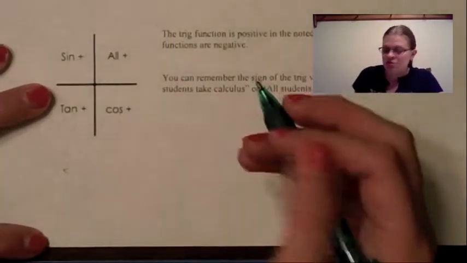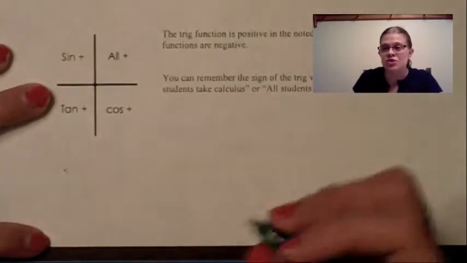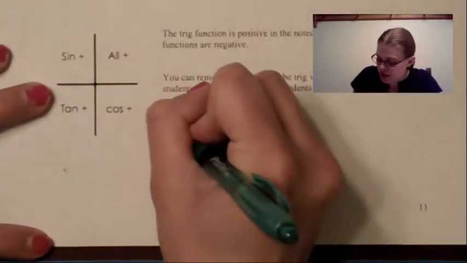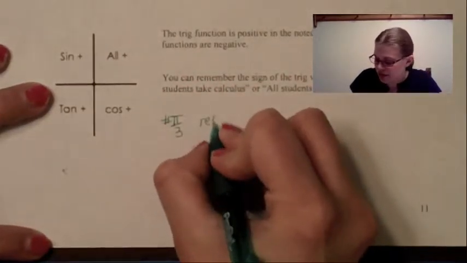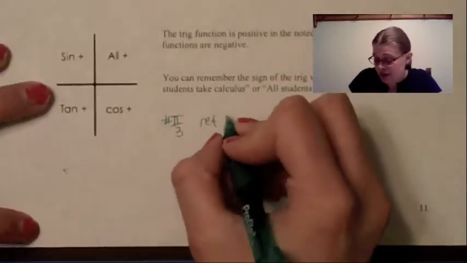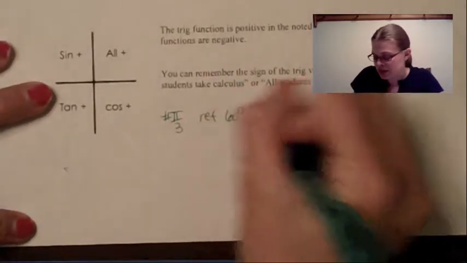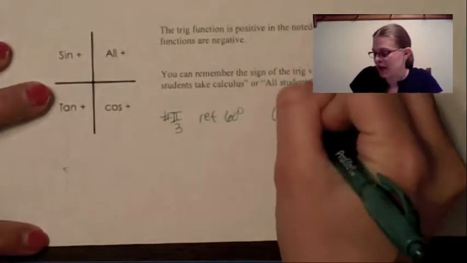So the thing that you need to remember when you're doing the unit circle just out of your head, some way you need to remember that anything pi thirds is going to have a reference angle of pi thirds, which equates to 60 degrees, and at 60 degrees, your point's 1/2, root 3 over 2.